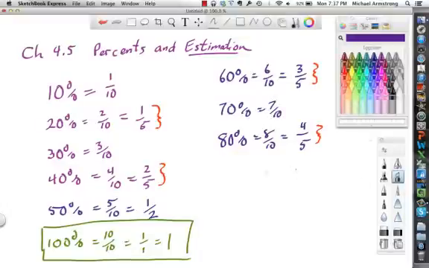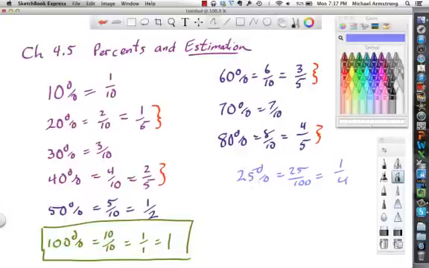Now over here, in the same way that 50% is kind of cool, it's 1/2, let's put these together and single them out. 25% is 25/100ths, which is like 25 cents. Remember, we talked about 1/4 being equal to 25 cents.